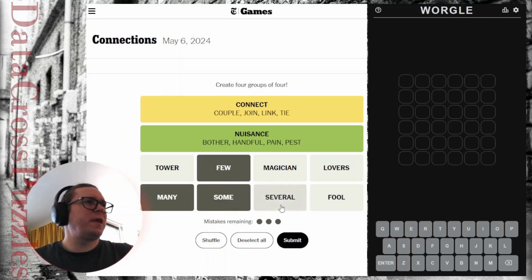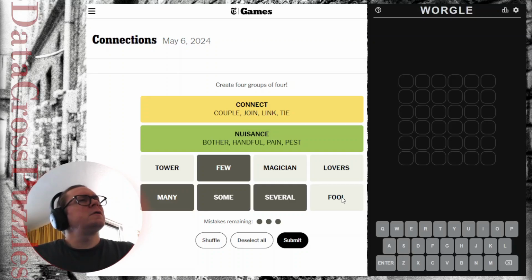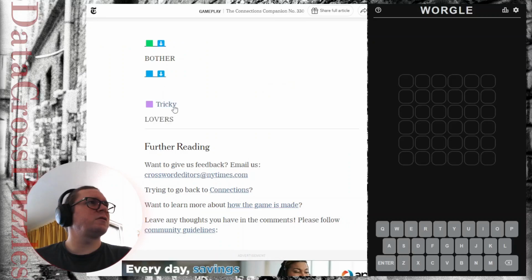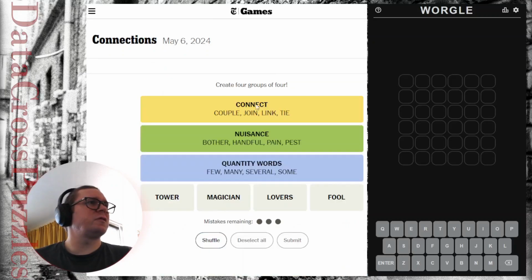And then we have few, many, some, several, right? And then tower, magician, lovers, fool. Not seeing this, but this could be quantity words, right? Okay, so tower, magician, lovers, and fool. Let's see what the hint is here. Well, of course, lovers is in there.